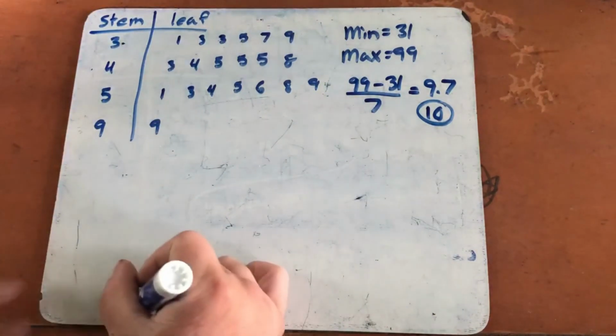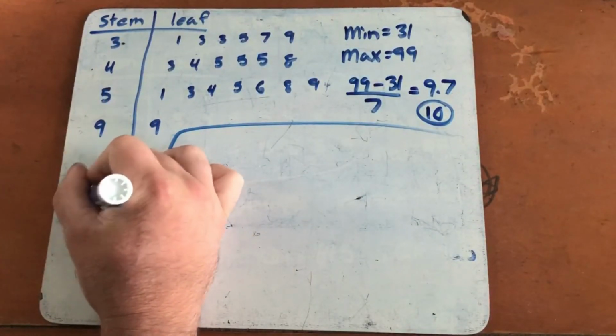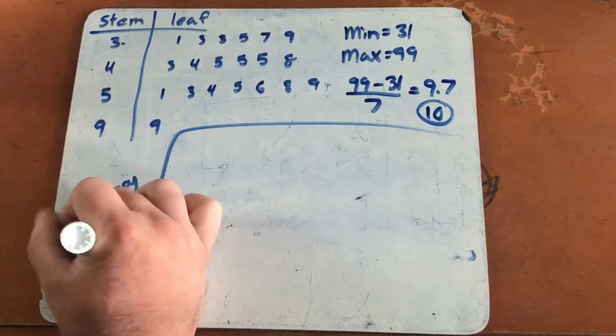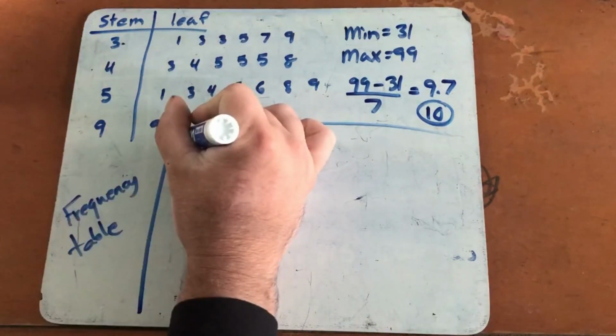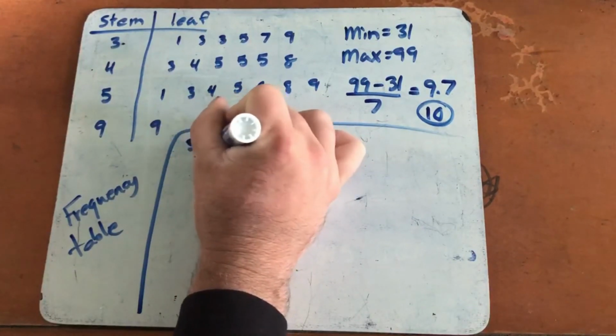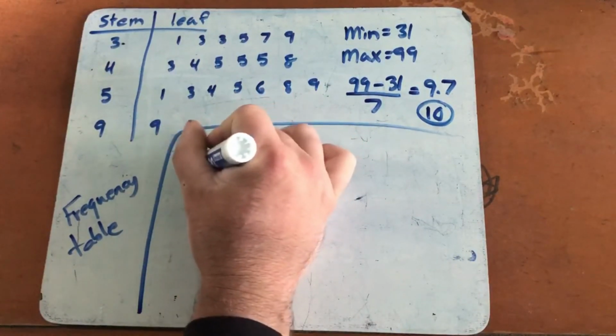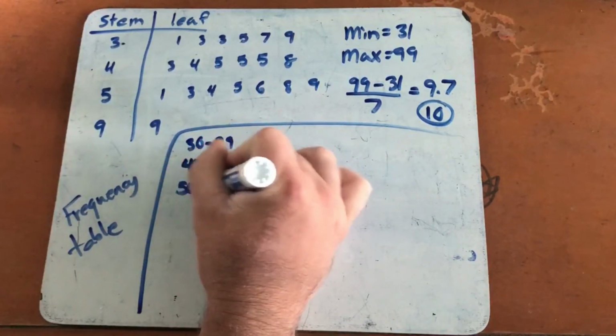So let's make my frequency table. I want to go up by 10. I want to start with a number that is at least a unit below my smallest one, in this case 31. So a good one to start with is 30. So from 30 to 39, 40 to 49, 50 to 59.